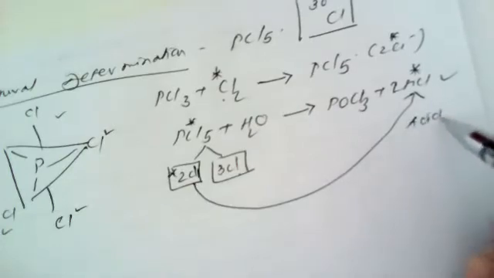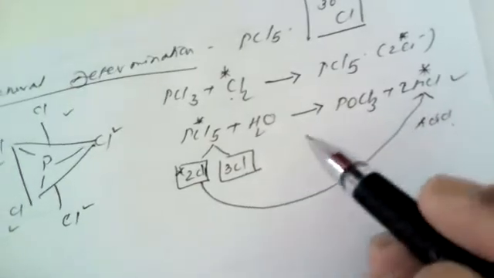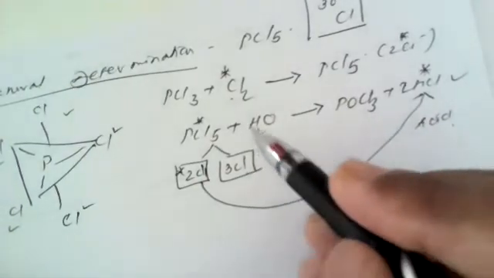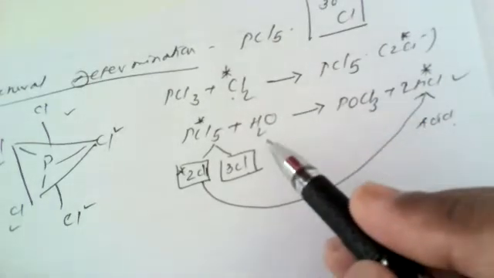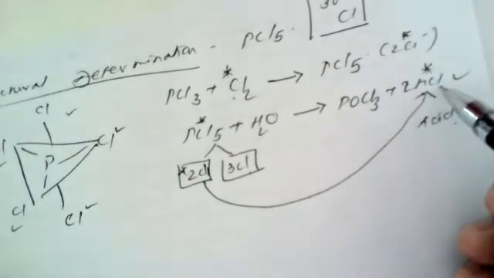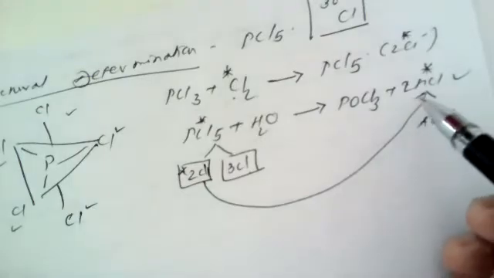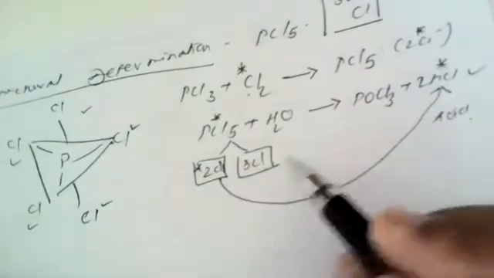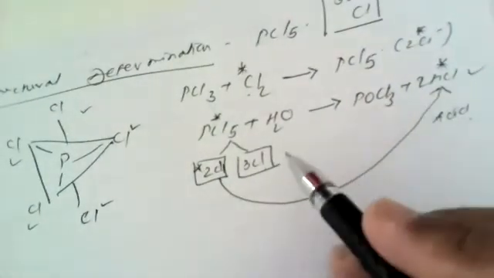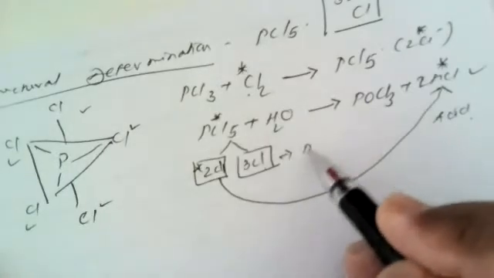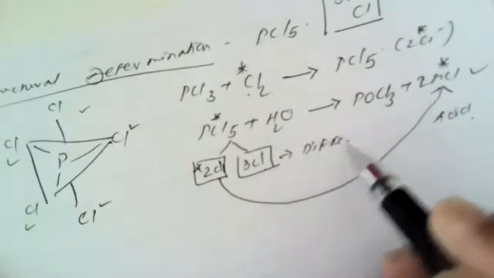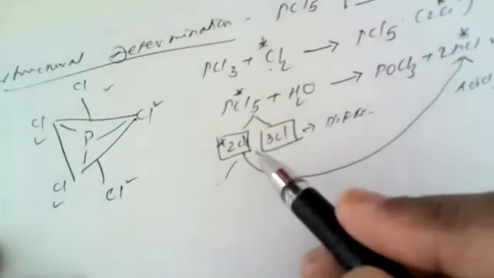So this is hydrochloric acid. That means those 2 radioactive chlorine atoms form hydrochloric acid and go to the acid. That means these 3 chlorine atoms are different from these 2 chlorine atoms.